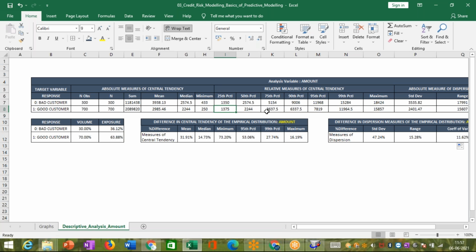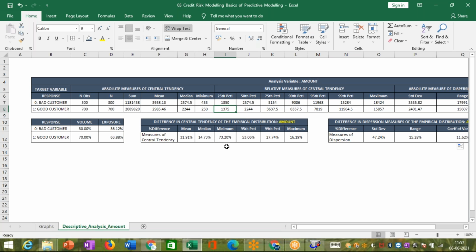because when you move on to the 50th percentile, it covers half of the data. For the bad borrowers, the borrowers that turned out bad, 50% of that population had taken a loan which is less than 2,574, whereas for the good customers, the accounts that turned out to be good, this amount was 2,244.